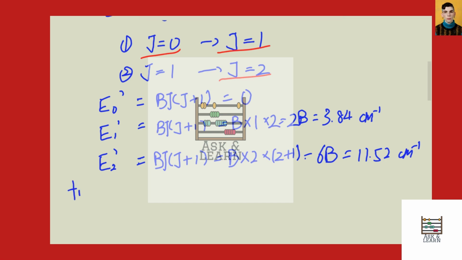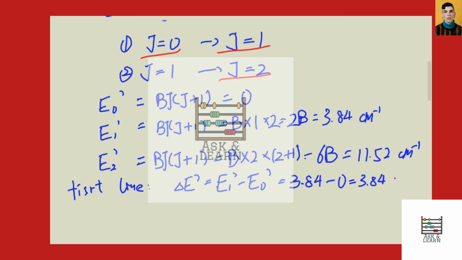Now we can calculate the position of the first two lines. For the first line, the position is from the ground state transitioning to the first state. So we do a subtraction of the ground state from the first excited state, which equals 3.84 minus 0. So it's 3.84 inverse centimeters. That's the first position.